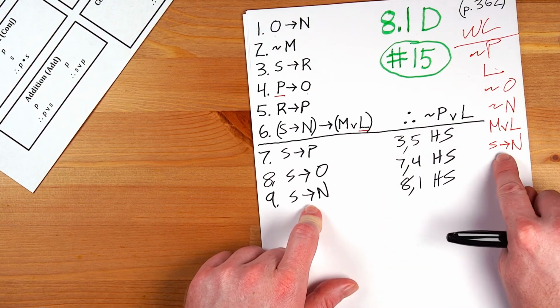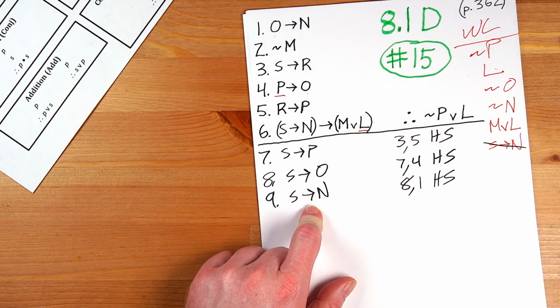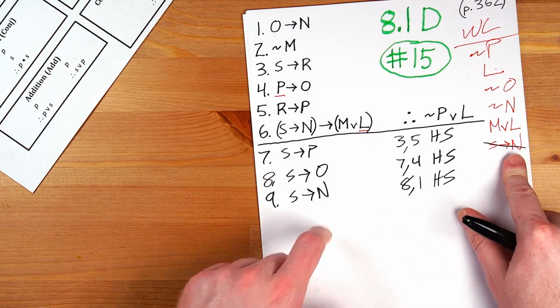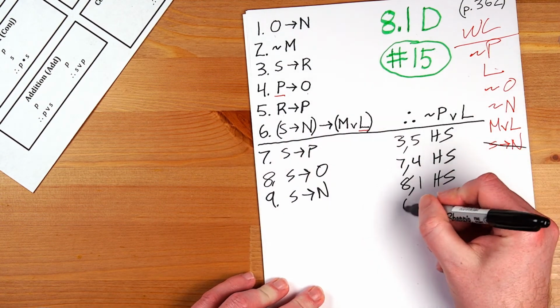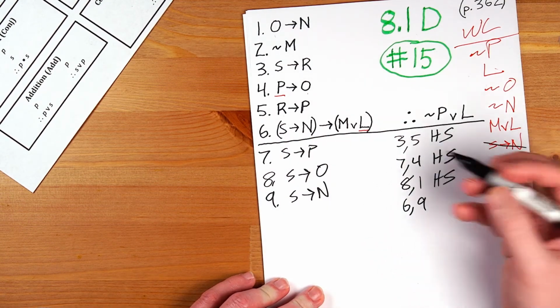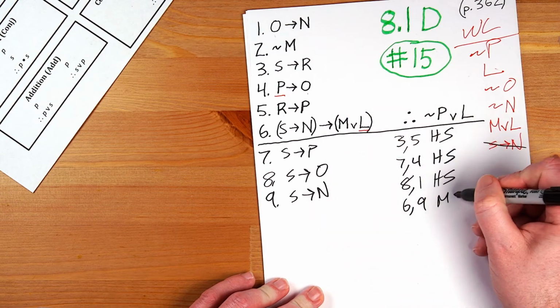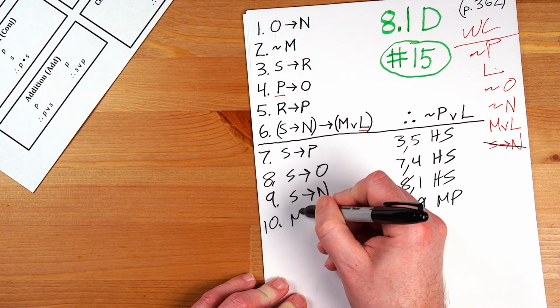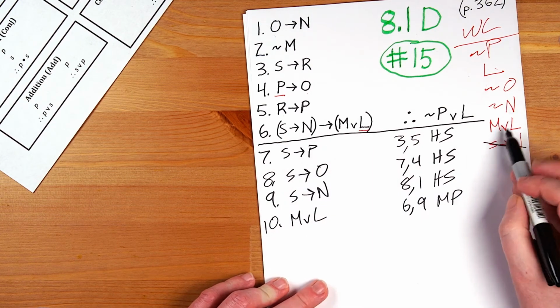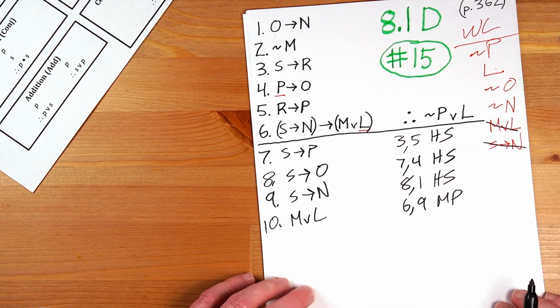So now we got an item from our wish list, and what did we say we could do with it? Well, combine it with 6. So 6 and 9 modus ponens is going to give us M or L. So now we got this item on our wish list.